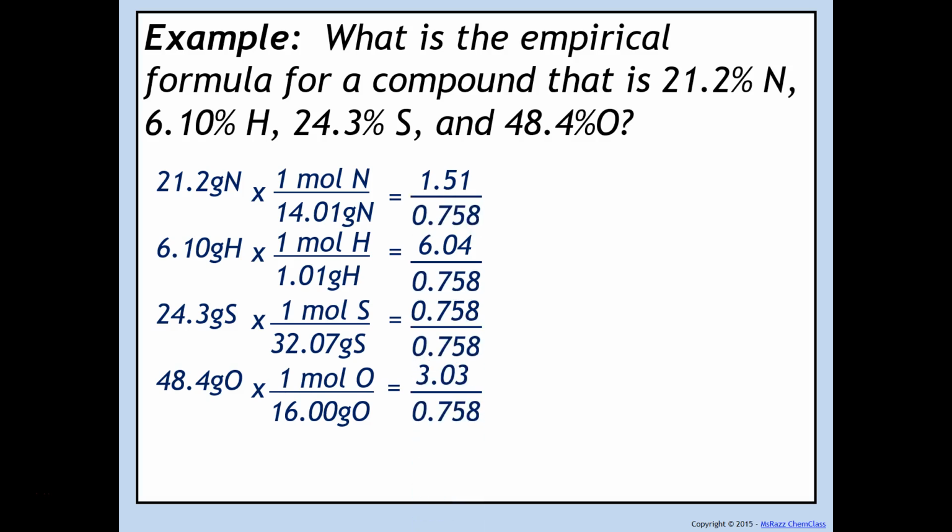So I'm going to divide all of these by 0.758. And when I do this, I get 2, and I get 7.97, which is close enough to 8. So usually the rule of thumb is if it's 0.9, that's good enough to round up.